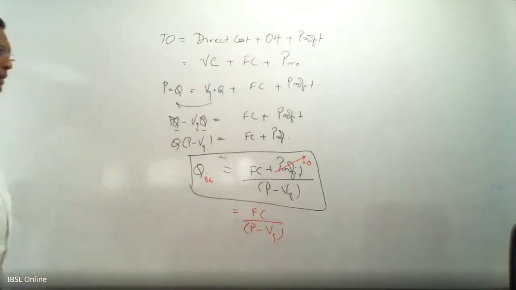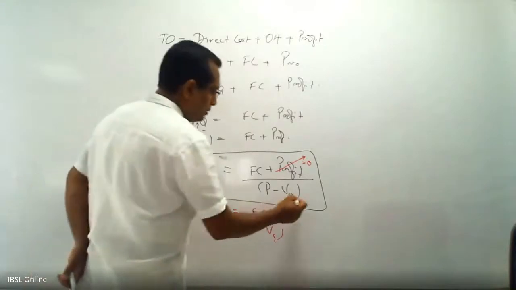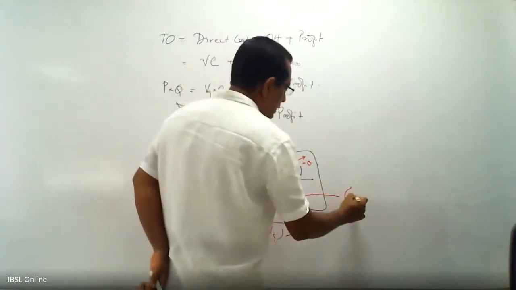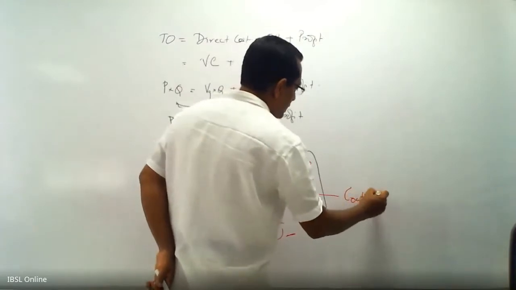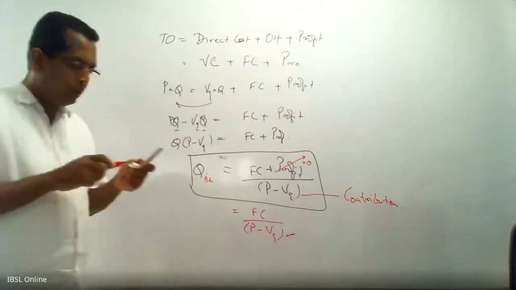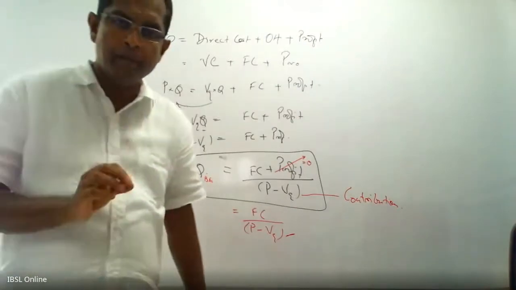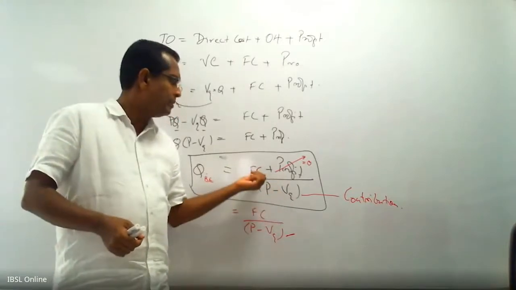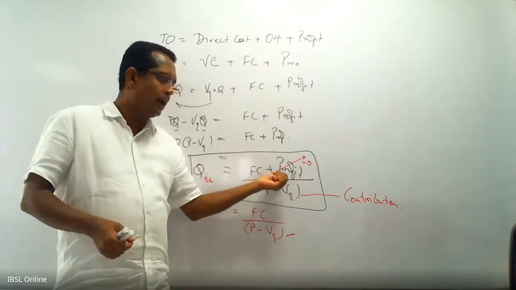Right? This one is called contribution. That means amount of money available to compensate the fixed cost and the profit.